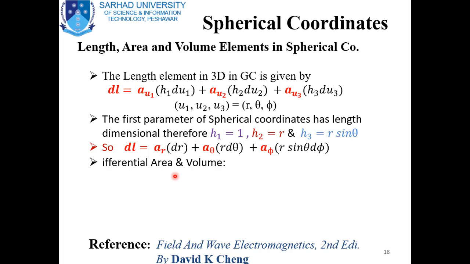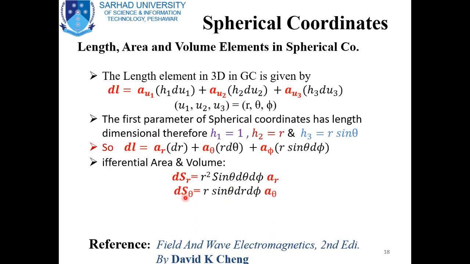And we have the differential areas and volume. A surface which is perpendicular to the r component must be equal to r square sin theta d theta d phi, and ar is the unit vector perpendicular to the plane made by theta and phi components.